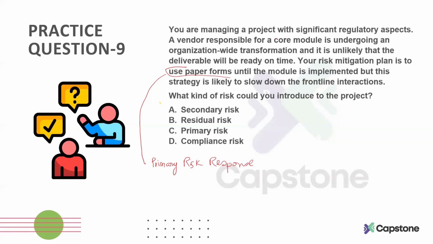And for that primary risk, you had this primary risk response where you will be utilizing the paper forms. But implementing this risk response has another associated risk, that it is likely to slow down your interactions or your overall process. So what is this? This is your secondary risk.